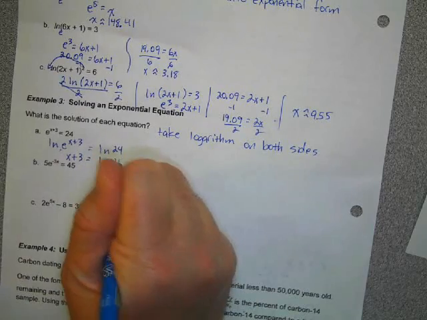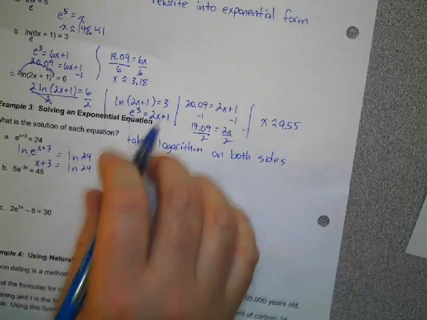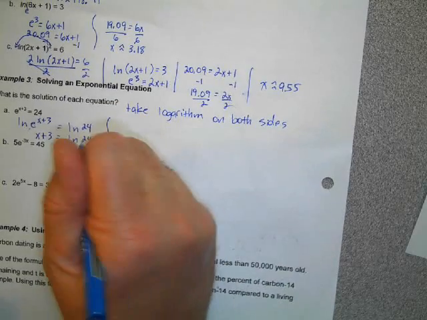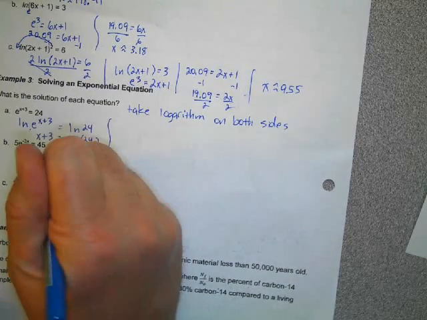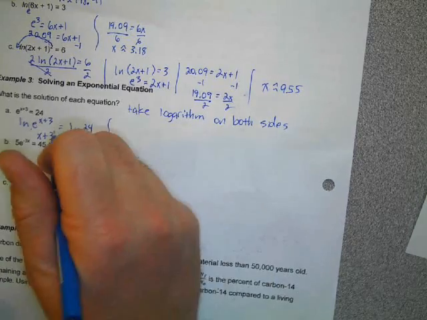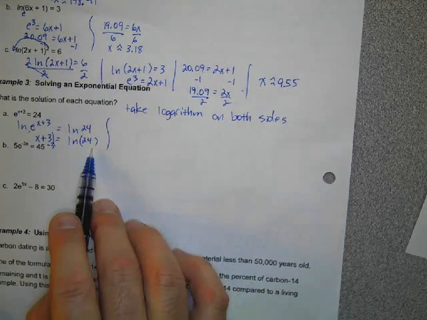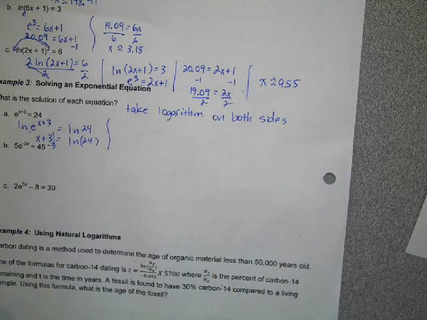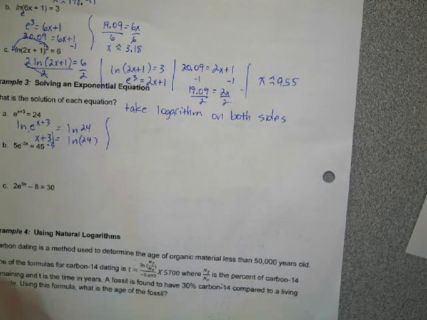And then on your calculator, take the ln of 24 and subtract 3. Make sure that you close the parentheses behind the 24 before you subtract the 3. So x is approximately 0.18.